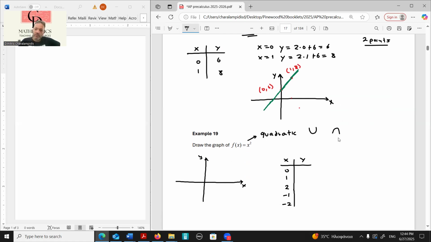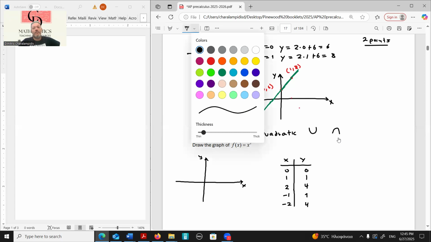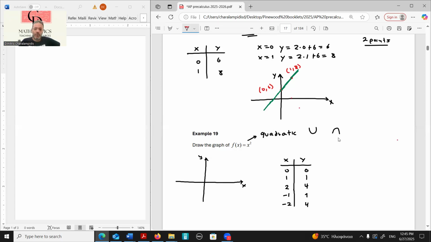When x is 0, 0 squared is 0. 1 squared is 1. 2 squared is 4. Negative 1 squared is still 1. Negative 2 squared is 4. So I'm going to put these points. Here it's 0 and 0. 1 and 1 should be here. 2 and 4 should be somewhere, let's say here.